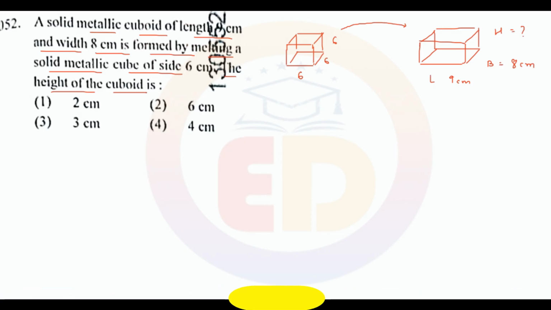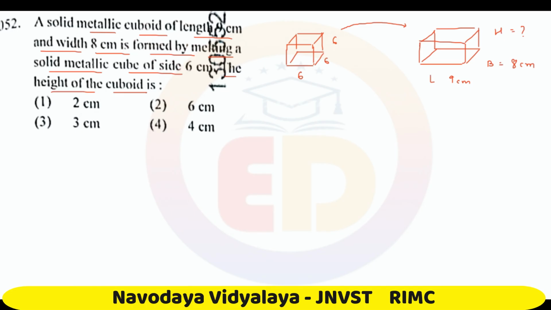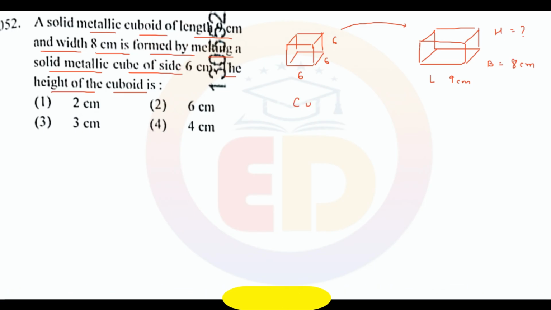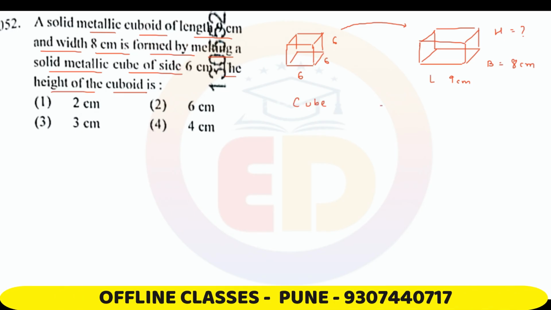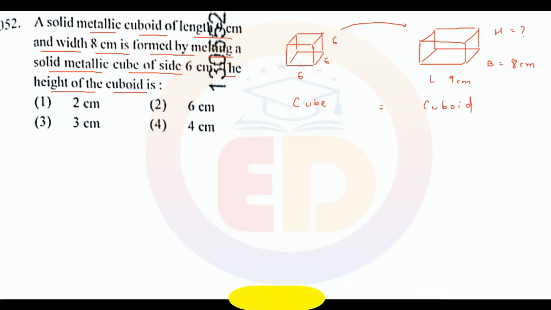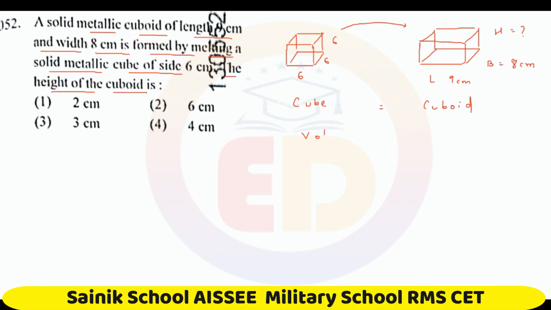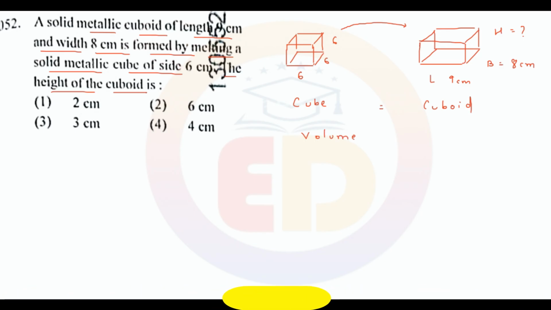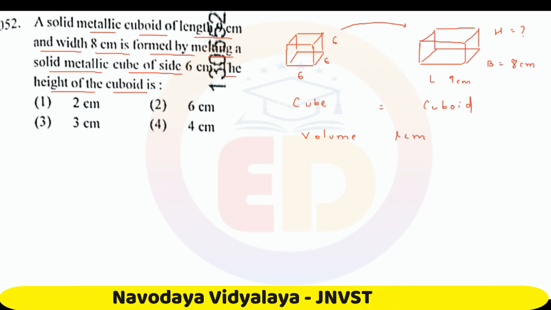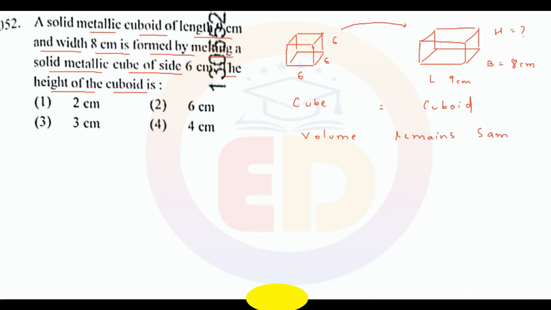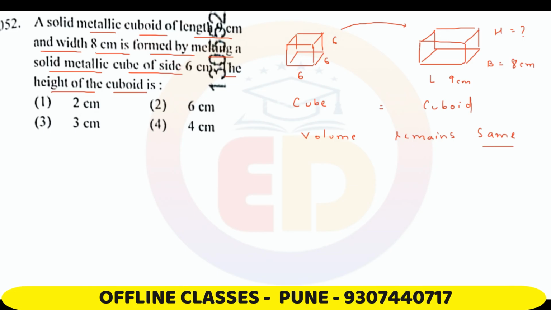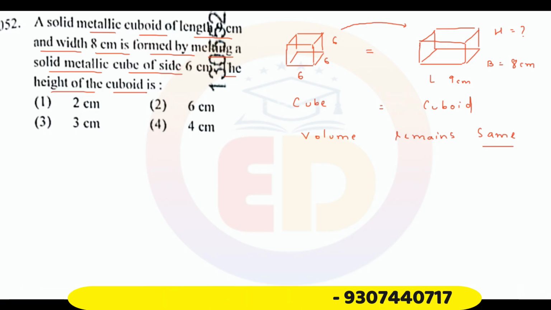Now one thing which you have to understand is that when you are melting a cube and forming a cuboid, the volume will be the same. The volume remains the same. So the volume of the cube will be equal to the volume of the cuboid.